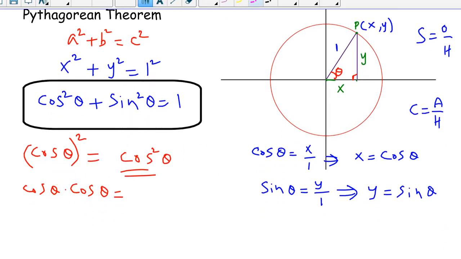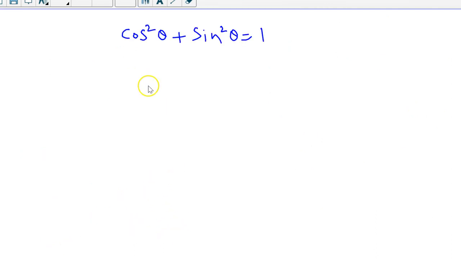Like suppose if you want to write it as sine square theta plus cosine square theta, that is again 1, the same thing. So what is the advantage of knowing this Pythagorean identity?